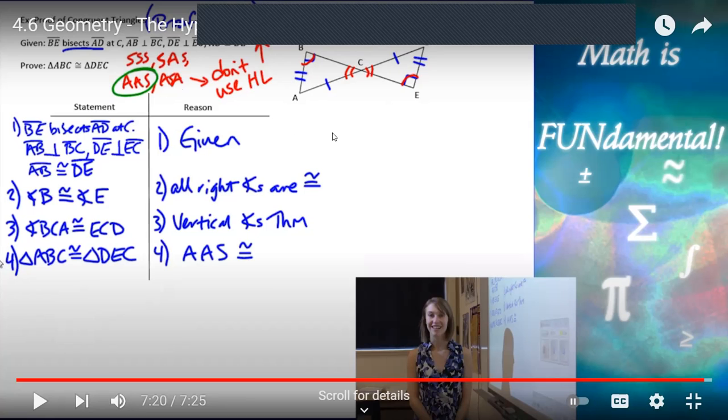But also, if the hypotenuses are equivalent and one of the legs is also equivalent, then using the hypotenuse leg theorem we can conclude that those two triangles are congruent.